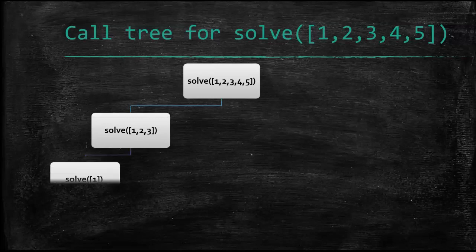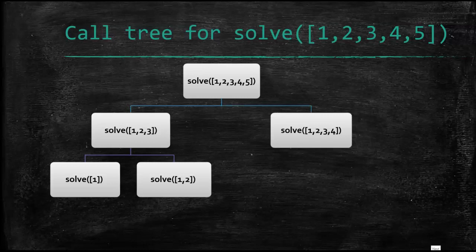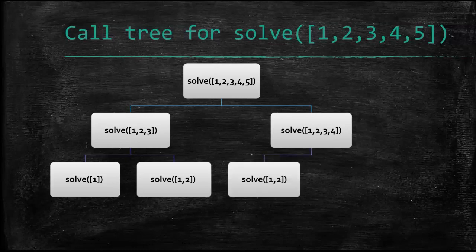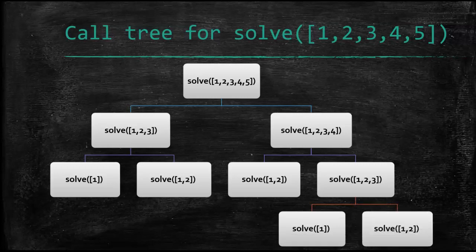First we do take bottle 3, and then backing up we solve for the case where we don't take bottle 3. Backing up to the root, this time we don't take bottle 5, so we solve for bottles 1 through 4. Here we split to the 2 cases. We take bottle 4, so then we solve on just bottles 1 and 2. And backing up, we don't take bottle 4, so we solve on bottles 1 to 3. Then we have the split where we take bottle 3 and when we don't take bottle 3.